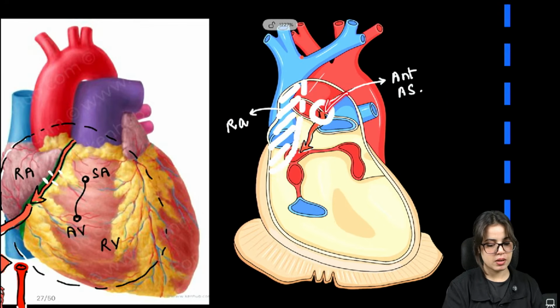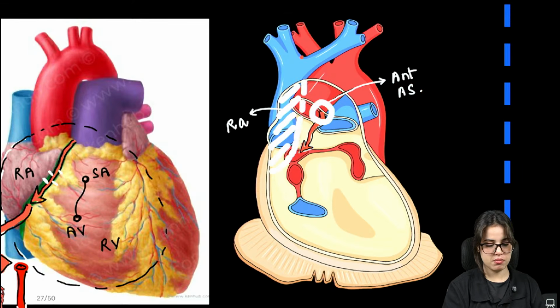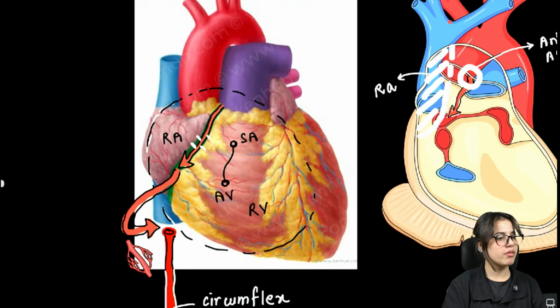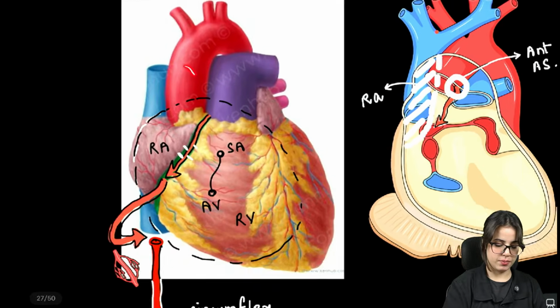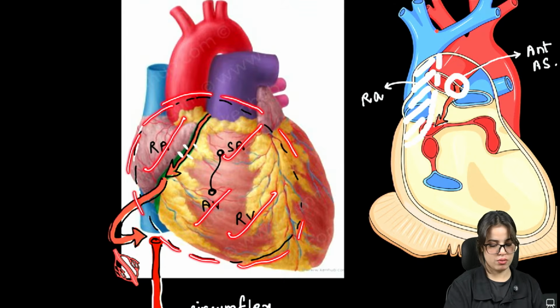It starts from the aortic valve, anterior aortic sinus, then right auricle, not atrium, then runs through the coronary sulcus and terminates itself with anastomosis with the circumflex artery. On its journey, it divides into branches, providing blood to this part of the heart. What part? We have right atrium, right ventricle, AV node, and SA node.